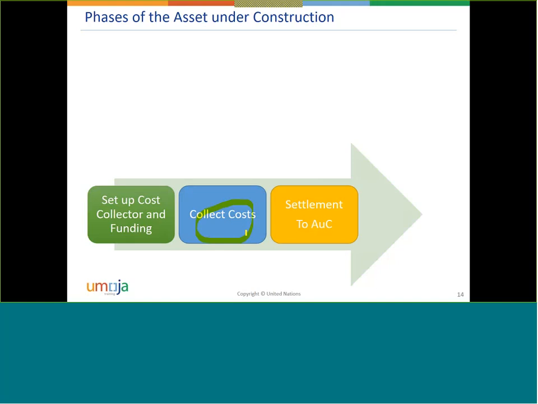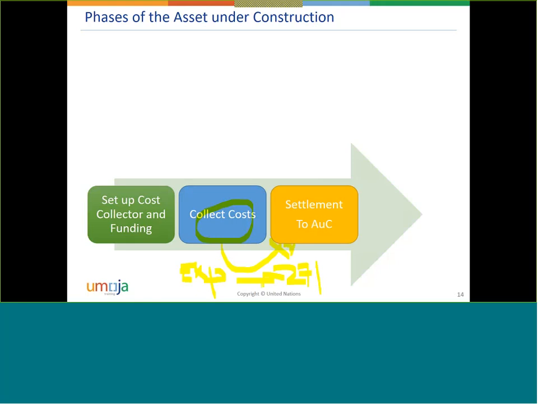Then we have a process that is called settlement to the AUC. That basically means capitalizing the cost, crediting the expense account and debiting an account which is 271.